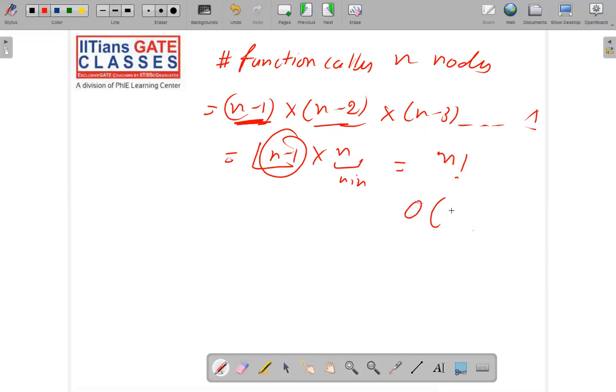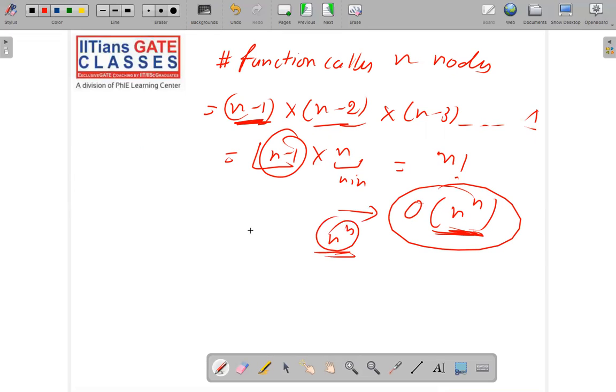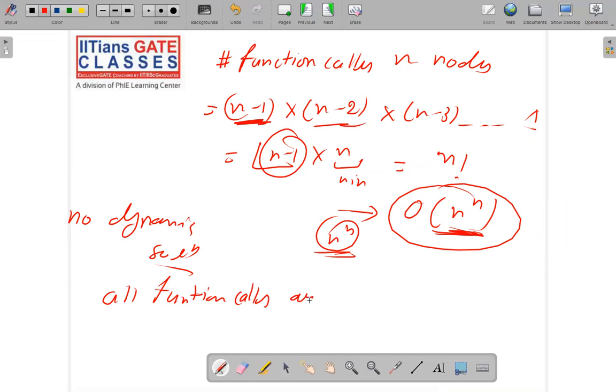And factorial n is considered as order of n raised to power n. So basically TSP is giving you order of n raised to power n, and there is no dynamic programming for it. Why? All function calls are distinct. That's why there's no dynamic programming solution to it.